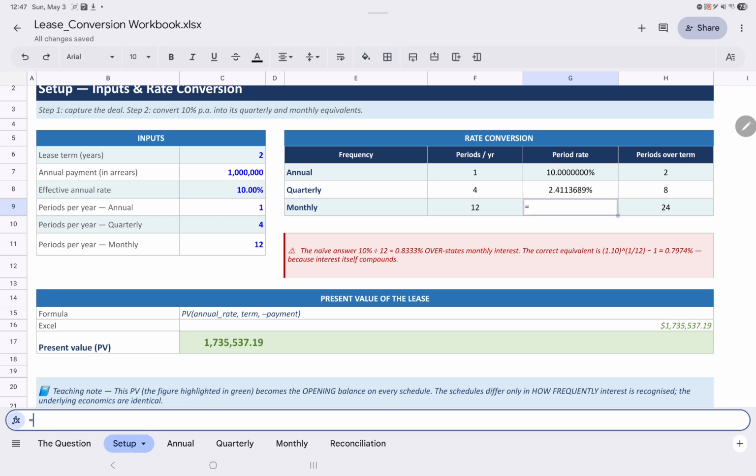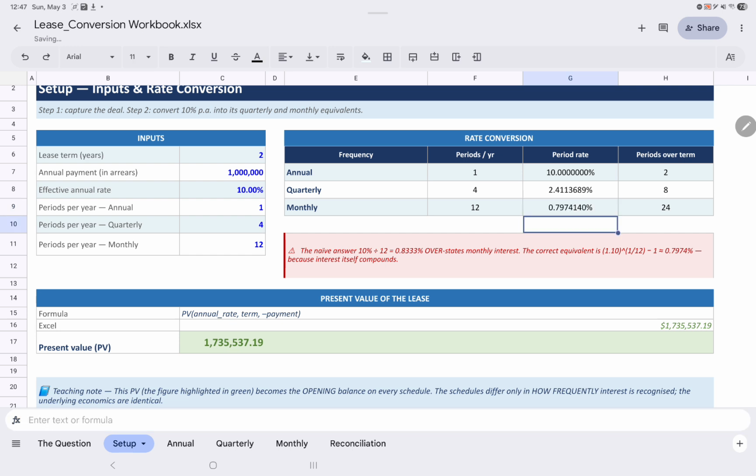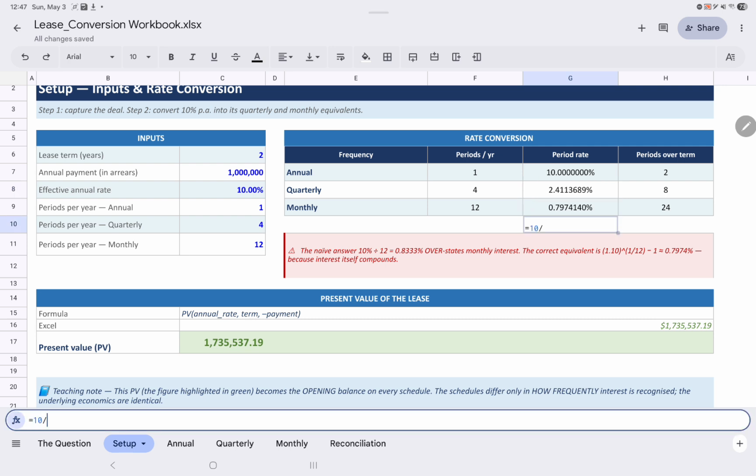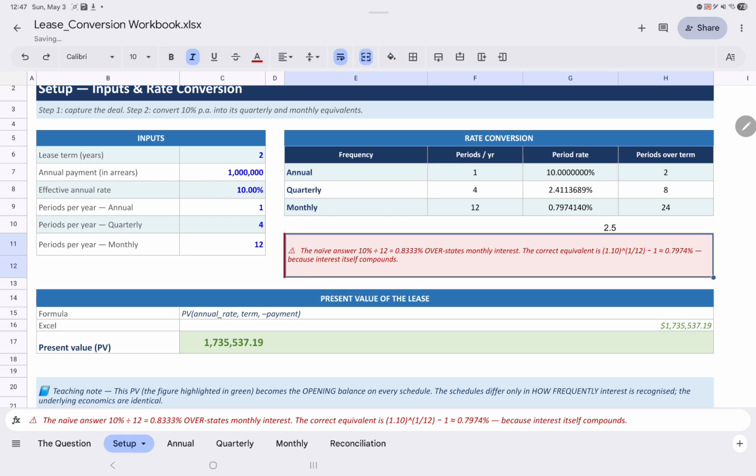What about monthly rates? Same logic, 1.1 power the period, 1 divided by 12, close the bracket, minus 1. So now we have the monthly. What if you say, since it's quarterly, you divide 10 by 4? You will get 2.5.